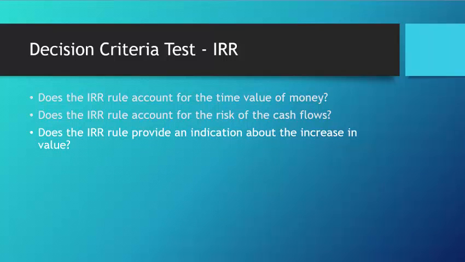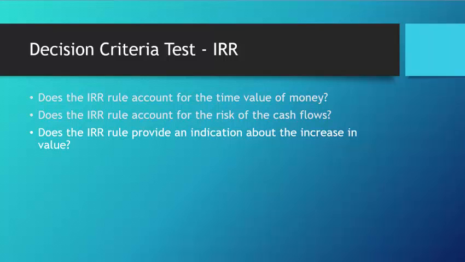Does the IRR rule provide an indication about the increase in value? Not directly. It might tell me, and I'm putting my quotation marks that you can't see with my fingers, the return, and therefore it gives me some indication as to whether my value's going up or down, but it really doesn't tell me whether I'm making the best choice for my shareholders and increasing the value of my firm the best I possibly could.